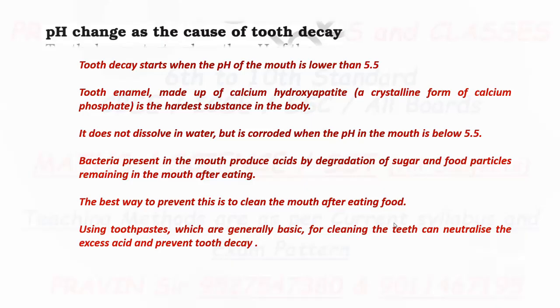Here we are using toothpaste to clean the teeth. Why? Because toothpastes are basic in nature. When a base reacts with an acid, salt and water are formed. So it will prevent tooth decay.